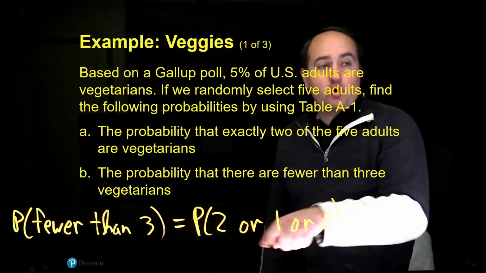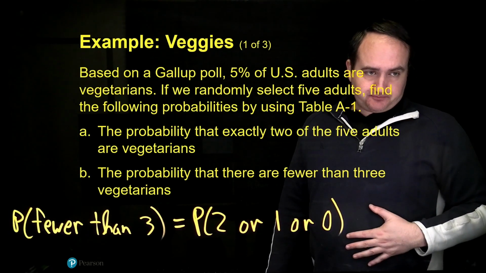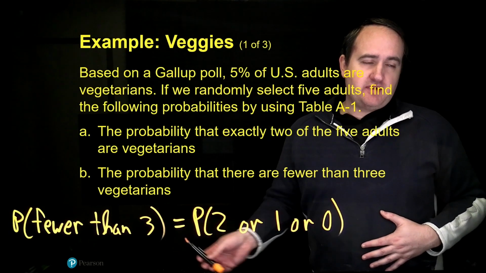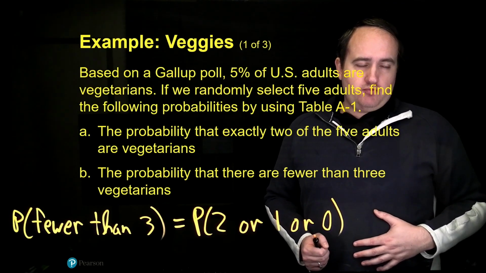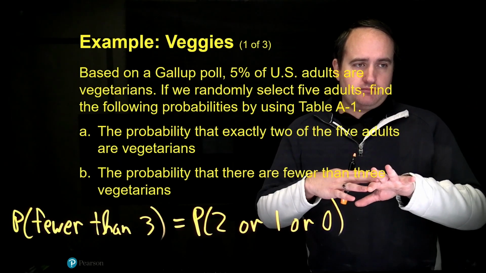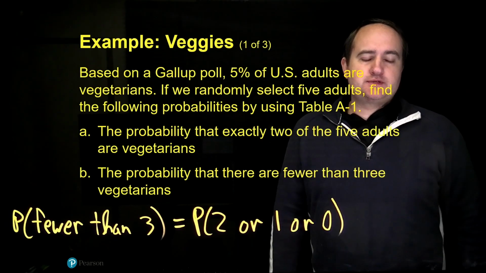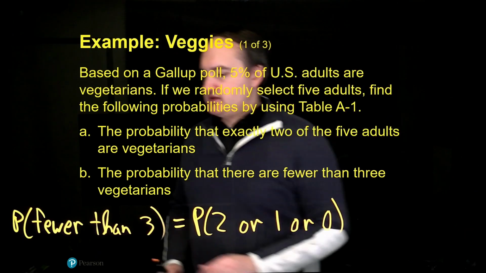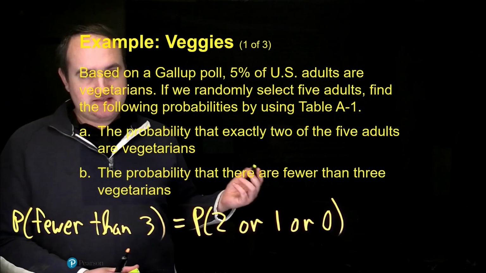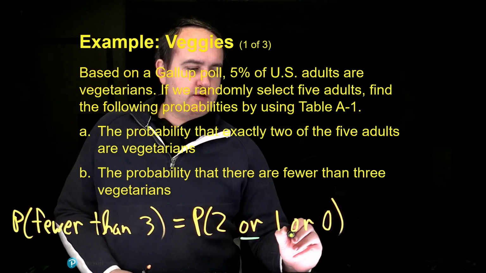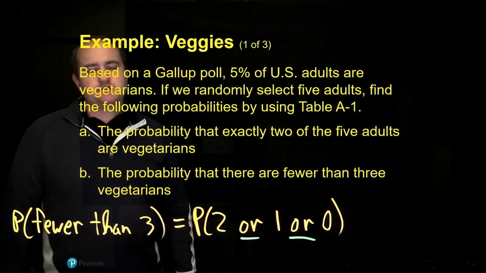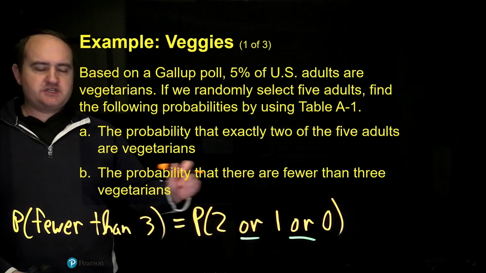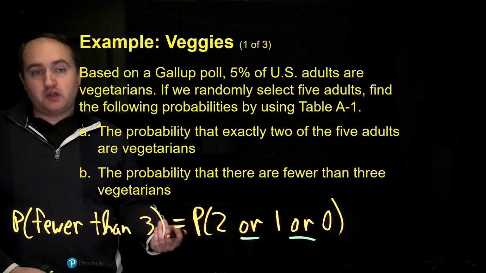And remember, with the word or, as long as the events are disjoint, which means they don't have any overlap, in other words, they both can't occur at the same time, the word or is actually just the same as addition. So here, we would be using the addition rule from section 4.2. So we just replace or with plus.